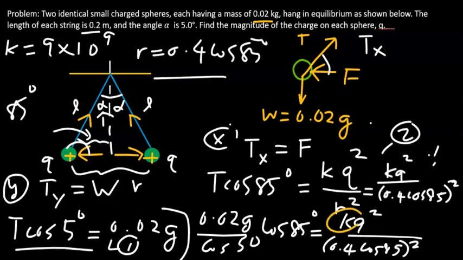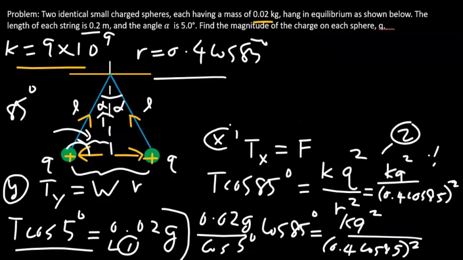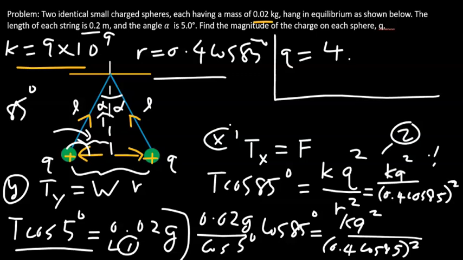We know the value of k, it's given there, and we can determine the value for q. And when you calculate the value for q, you get 4.8 times 10 to the power minus 8 Coulomb. And that's the answer, and that solves the problem.